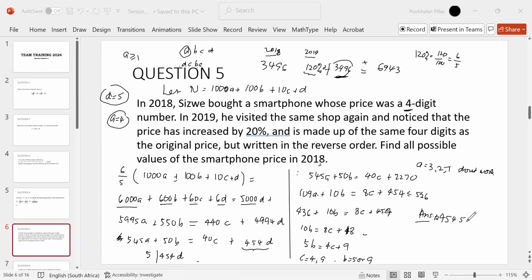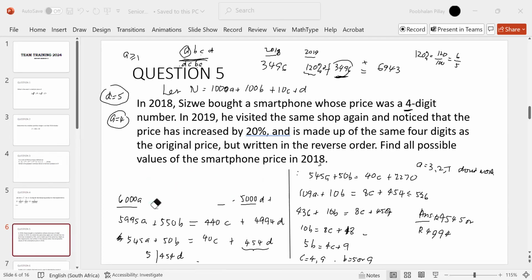So the number you're looking for is A, B, C, D. So that's what I'm writing now. A is 4 and B could be 9. But when B is 9, then C is 9. And D is still 4. So you get two answers. See? And so our calculations lead to just two numbers.